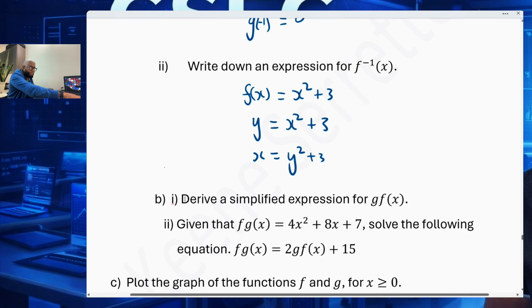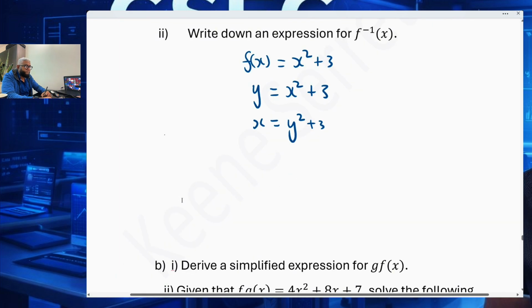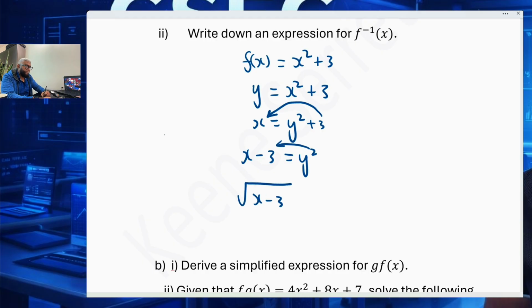So let's proceed to make y the subject of the formula here. When we carry 3 here, what do we do with it? X minus 3 is equal to y squared. Then we need to get rid of the squared. What's the opposite of squared on this side? Square root. So the square root of x minus 3 is equal to y. Everybody good here?